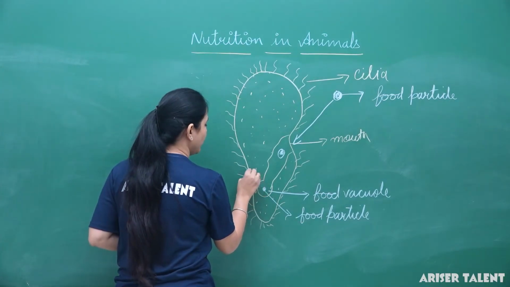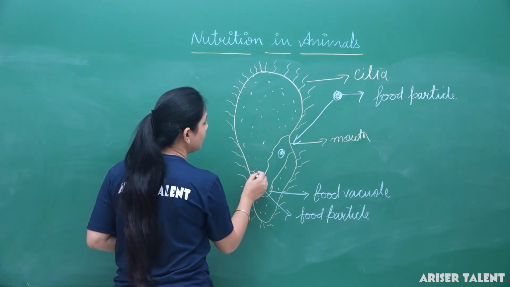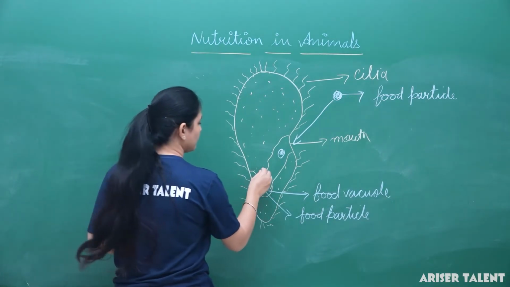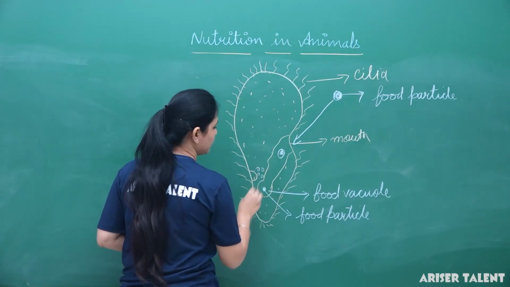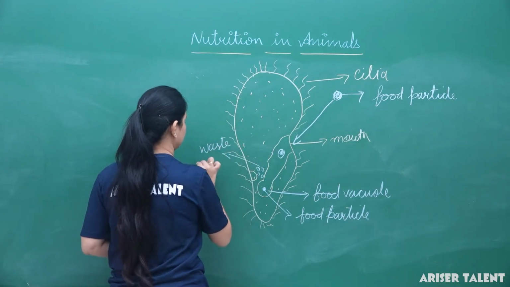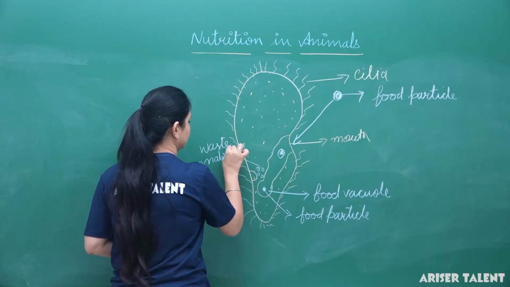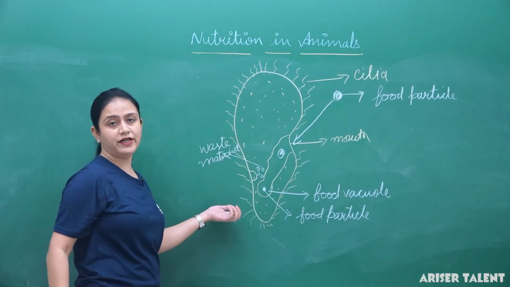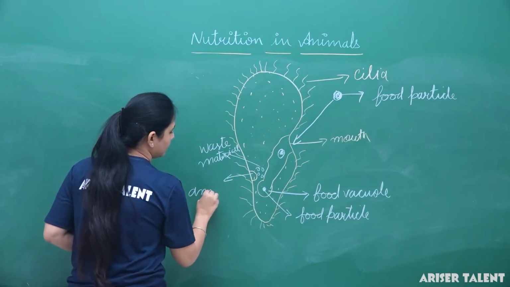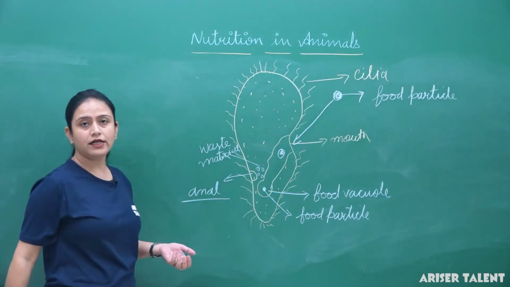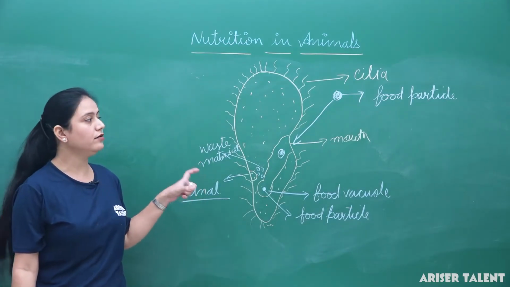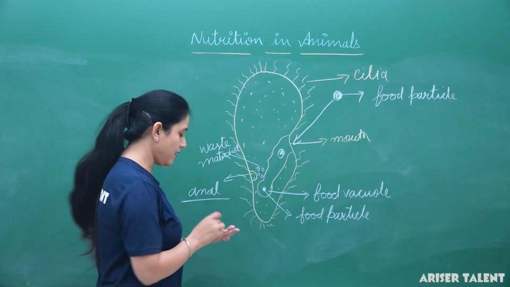So here we can form the structure that whatever the waste material is there, suppose it is waste material, this waste material is thrown out by this anal. Clear? So this is the mechanism of nutrition in paramecium. It follows the same path.